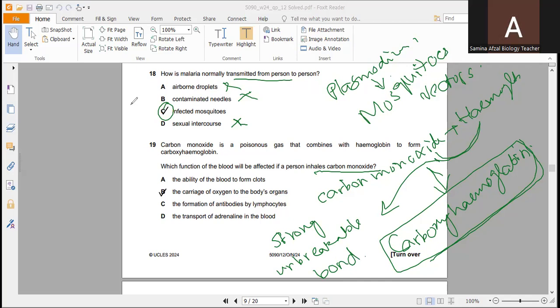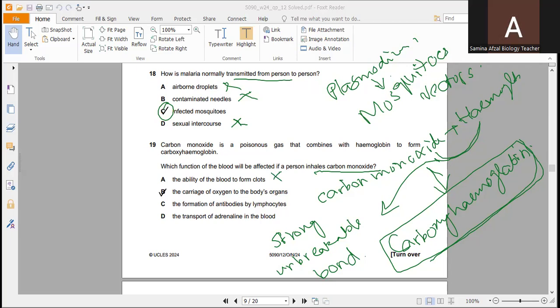So because in this way, the blood clotting will take place. In the presence of carboxyhemoglobin, the blood will clot. And when the blood clots, the oxygen carrying capacity of the hemoglobin will be stopped. So A is not the correct option.